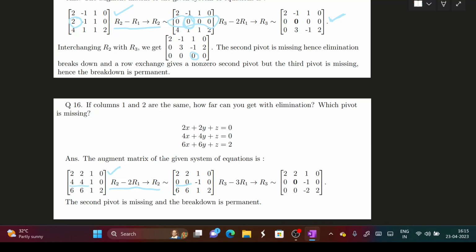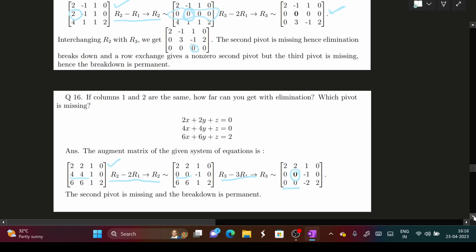And when I go for this operation, I will have this also 0, 0. So now when my first variable is eliminated, I am observing my second pivot is missing. But that missing pivot cannot be replaced by a non-zero value by any row interchange. Hence, the second pivot is missing and the breakdown is permanent.